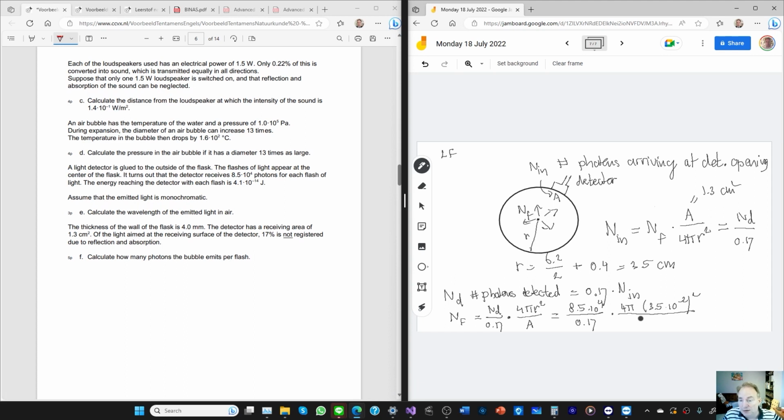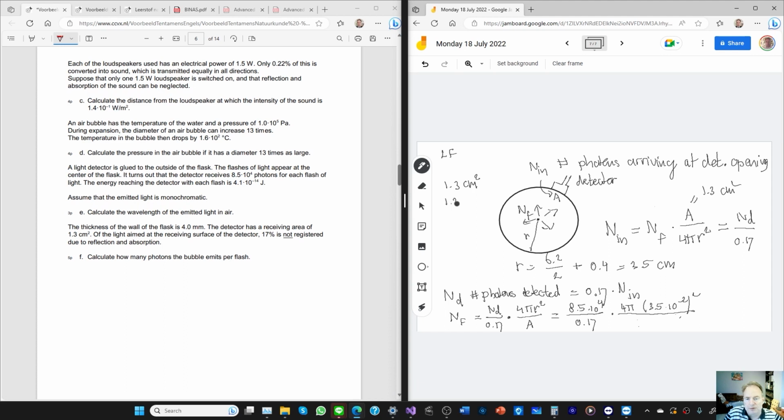Where was I? 1.3 centimeters squared. Convert that into meter squared.